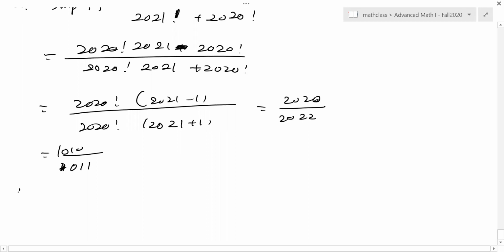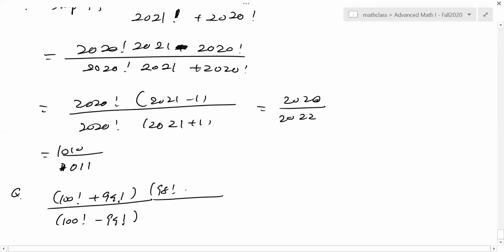Right. So finally, let's take a look at this next part. Here 100 factorial plus 99 factorial, 100 factorial minus 99 factorial. And then I have 98 factorial plus 97 factorial, and keep it going. 4 factorial plus 3 factorial, 4 factorial minus 3 factorial.